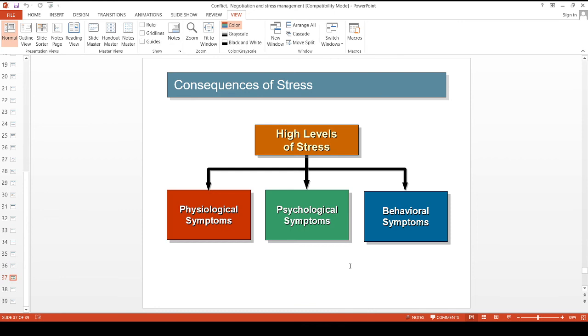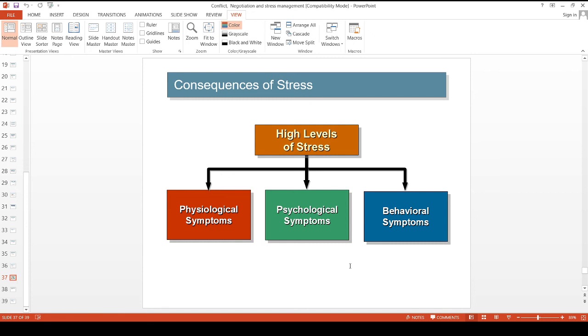So, consequences of stress. There may be different consequences of stress. A high level of stress may lead to different physiological symptoms, psychological symptoms, and behavioral symptoms. Now again class, as I discussed earlier, a particular level of stress may be helpful for the organization and the individuals in order to boost their performance.